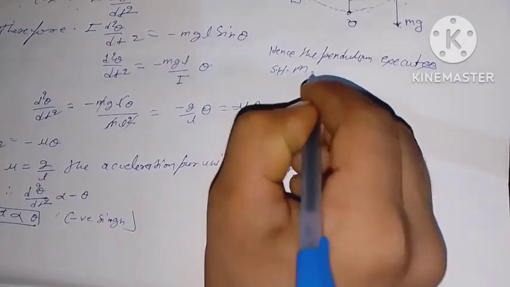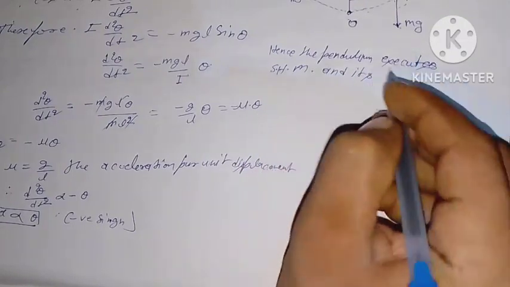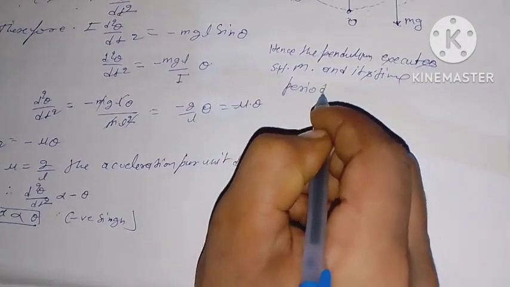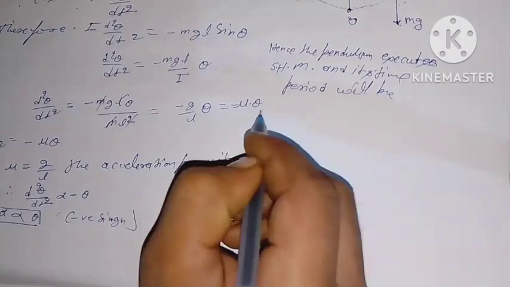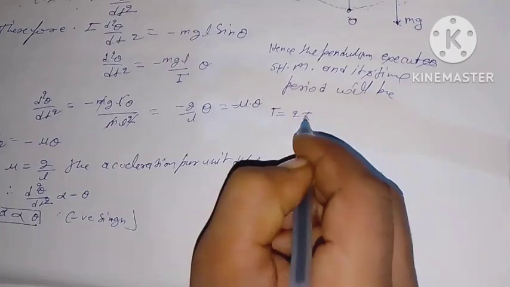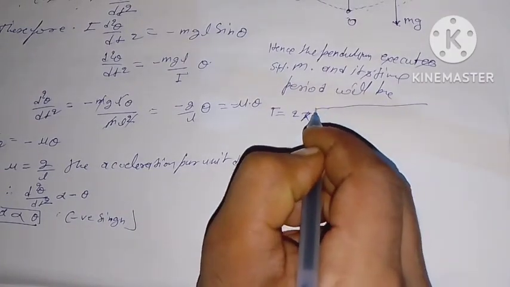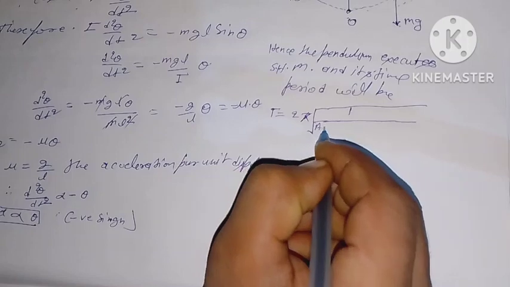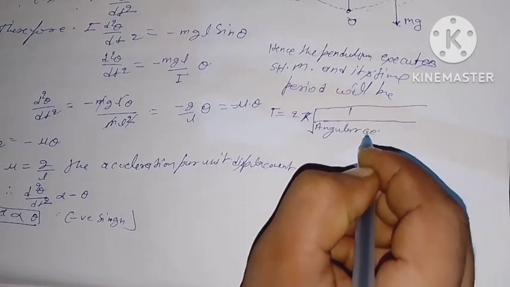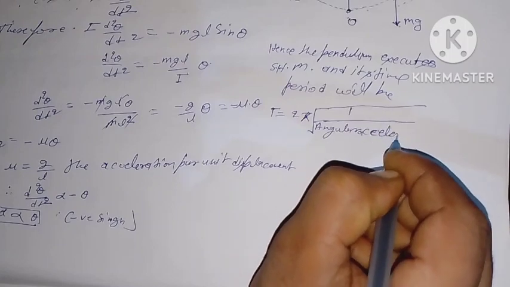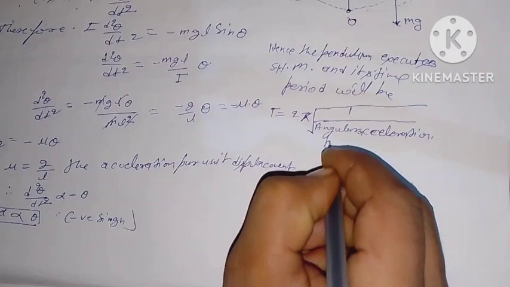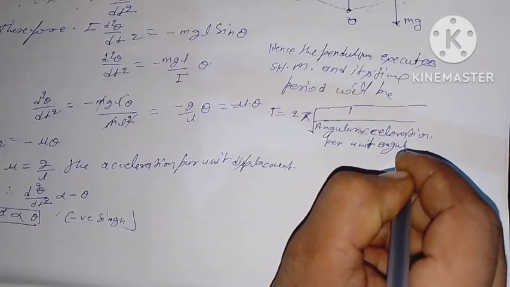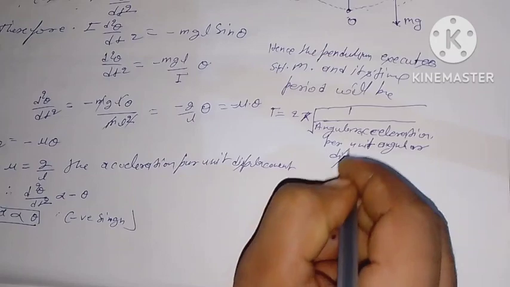Hence the pendulum executes simple harmonic motion, and its time period will be T equals 2 pi under root of 1 upon the angular acceleration per unit angular displacement.